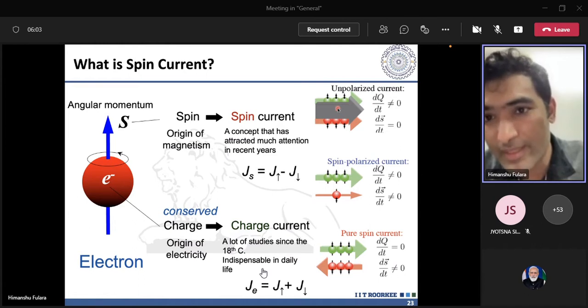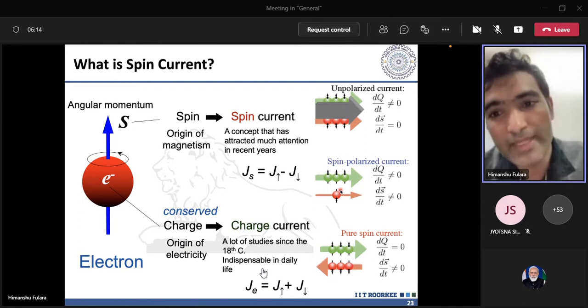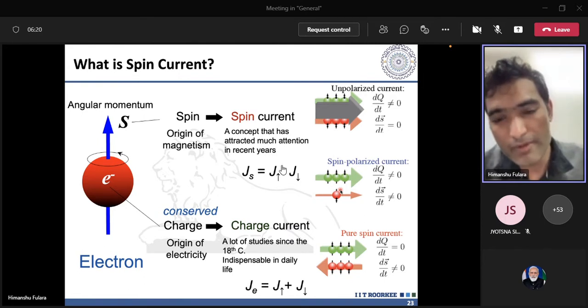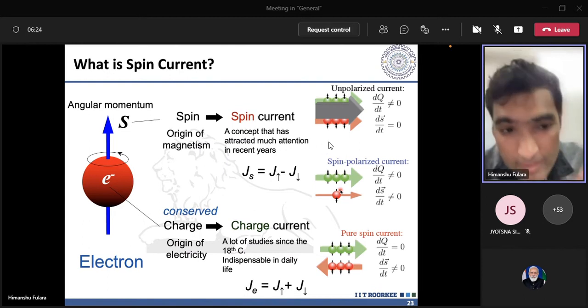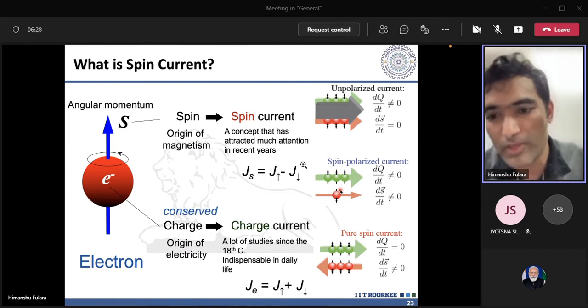In the unpolarized charge current case, we have an equal number of spin up and spin down electrons, and here we basically manipulate the imbalance by external factors. And what are those external factors? We can manipulate that imbalance if we pass a charge current through a ferromagnetic layer, because it gets spin polarized, again because of the different density of states for the spin up and spin down electrons.